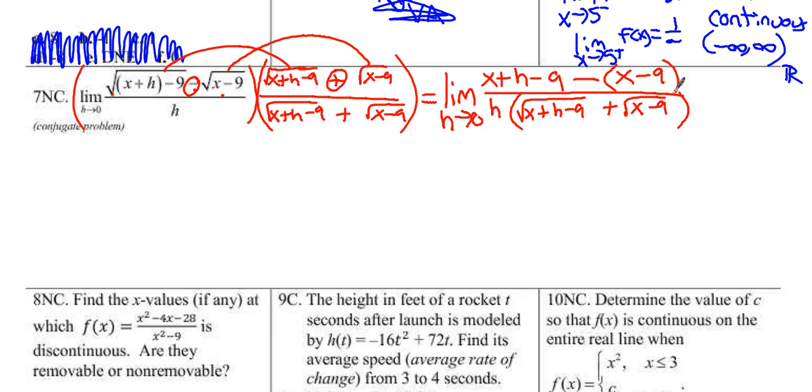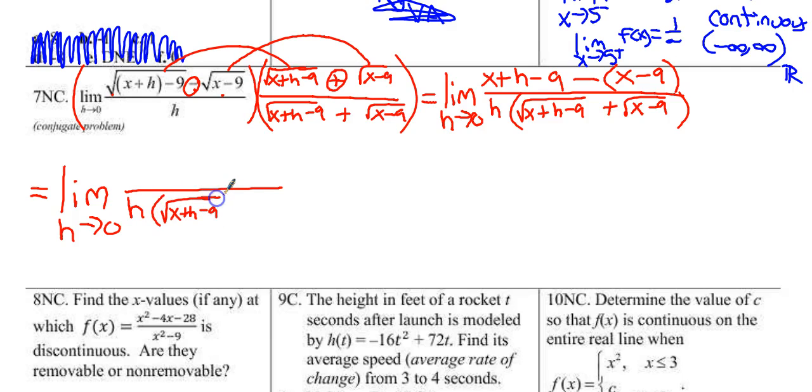So let's clean that up. It's still a limit because I haven't evaluated yet. If we plug in 0, you'd actually get 0 over 0 for this problem. I forgot to tell you that first. I just used the hint to start with the conjugate. So our denominator is still h times the square root of x plus h minus 9 plus the square root of x minus 9.